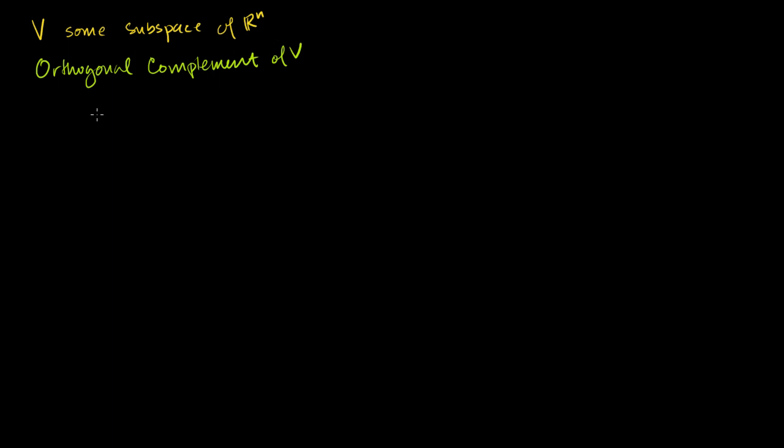of V is the set, and this is shorthand notation right here, would be the orthogonal complement of V. So we write this little orthogonal notation as a superscript on V, and you can pronounce this as V perp, not for perpetrator, but for perpendicular.